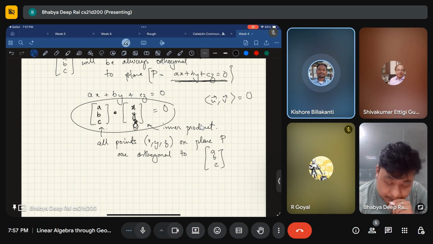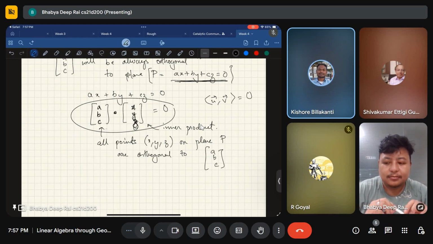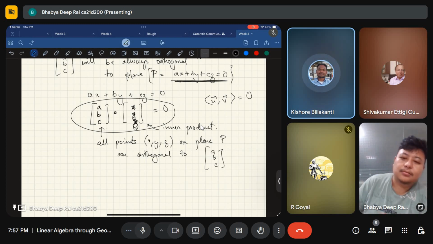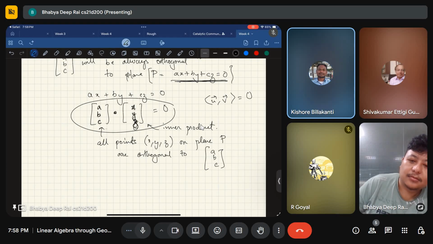One question here. Let us suppose we have a plane. Can we say all the points on that plane can be perpendicular to a vector?